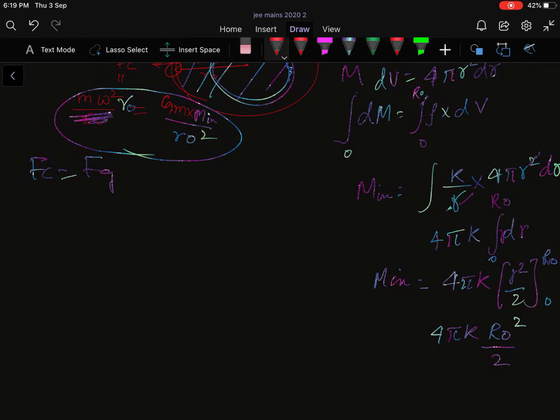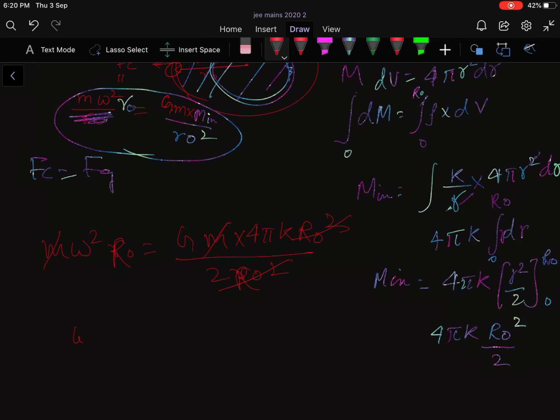The centrifugal force will be m omega square r0 equals G, mass of planet, mass internal is 4 pi k r naught square by 2 r naught square. So this will get cancelled out, right?